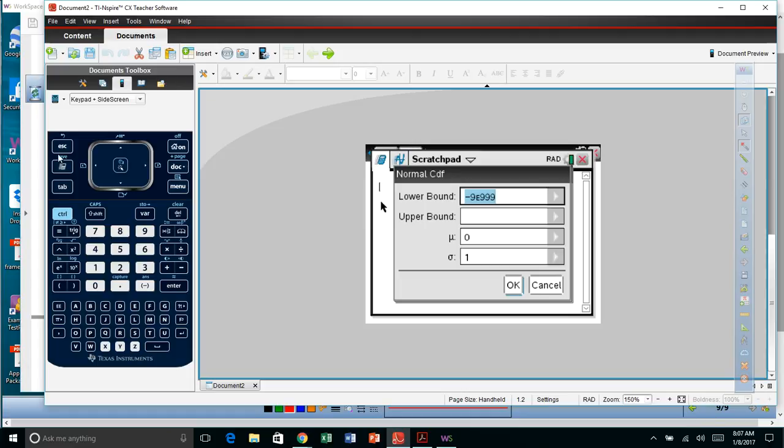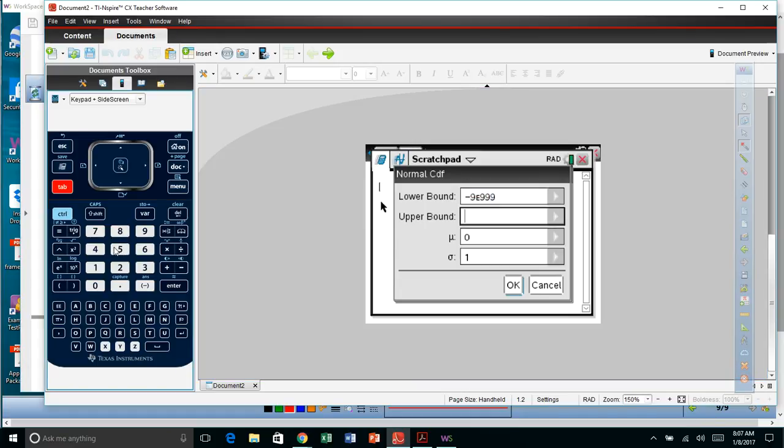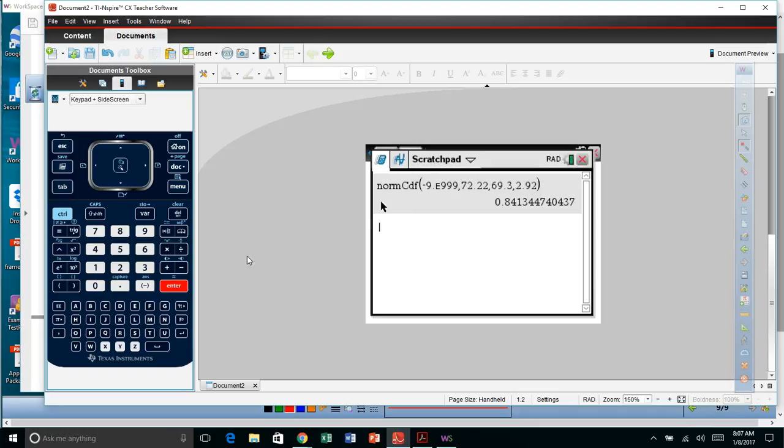Our upper bound would be 72.22. And our mean is 69.3. Our standard deviation was 2.92. And then we press enter, and that gives you 84.